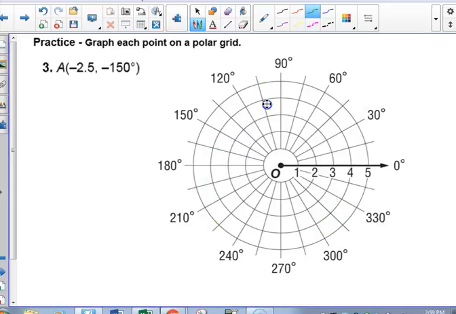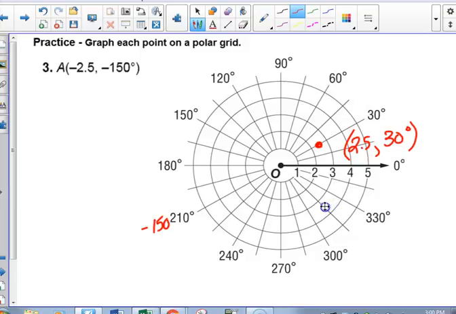Wrong way. Negative 150 is what line? Yep, this line is negative 150 right here. But I have to do what? Go back 2.5. So what else could you name that? 2.5, 30. Okay.